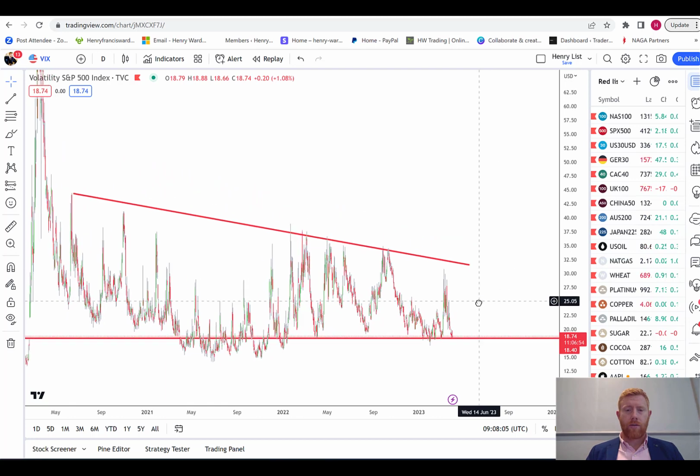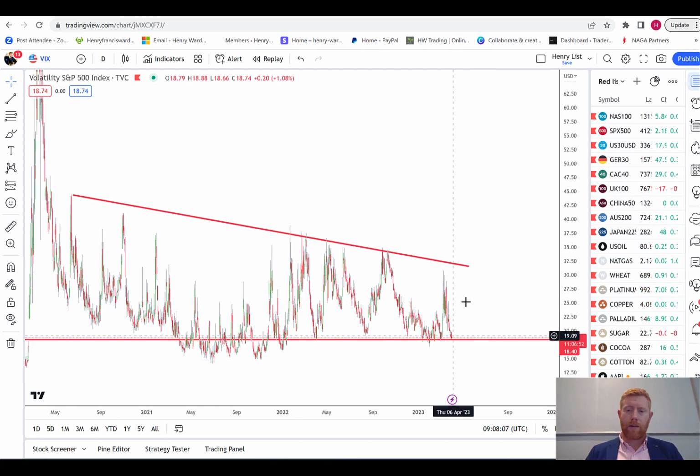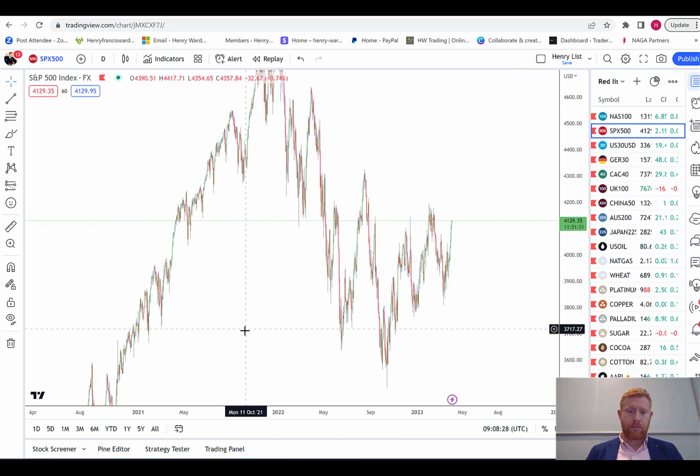When it's massively away from this line up here, this means there's huge volatility in the market. It means the market is going in an unprecedented way, and we want it to revert back to the mean. And as it comes back down here, then the stock market is running as expected, if that makes sense. So over on to the S&P.